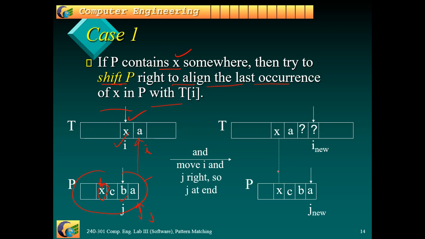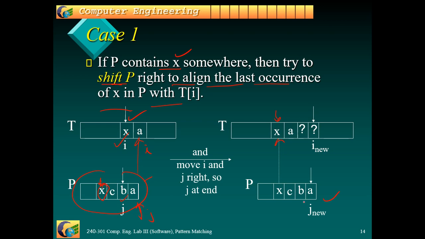So you can see here, when this X gets aligned with the position at which the mismatch occurred in T, you get it like this. Then your new J starts here. Always you start comparing from the last character of the pattern, because we are using the backward technique.